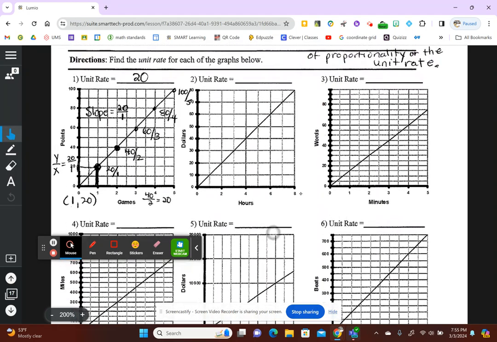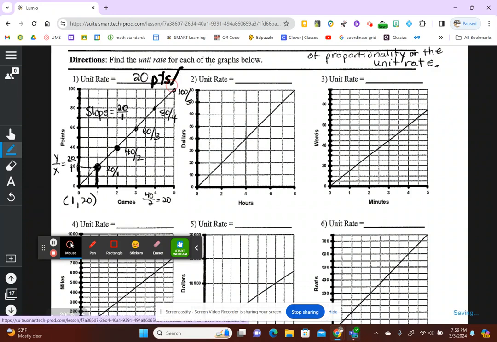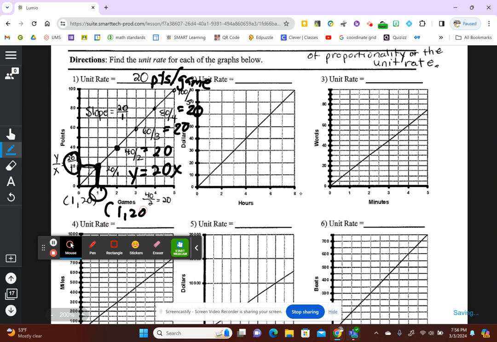If we look at the first one, this unit rate is going to be 20 points per game. I get that because I look at the point 1, 20. And if you look at all of these, when I put y over x, they all equal 20. So the equation is y equals 20x, and the ordered pair is 1, 20.